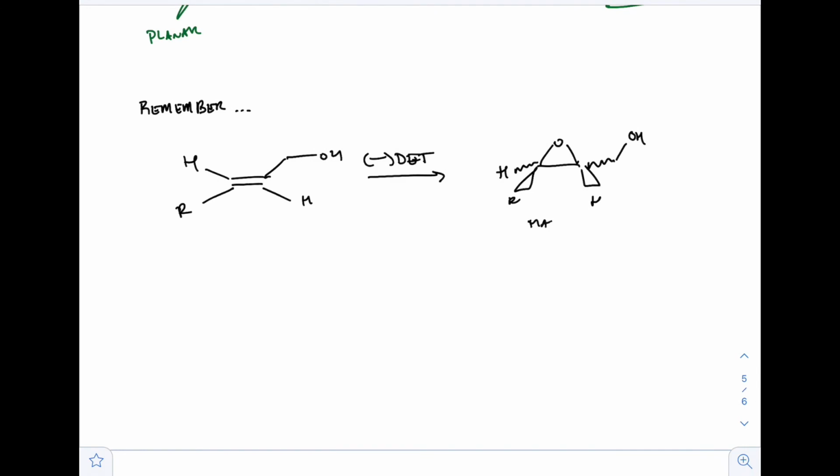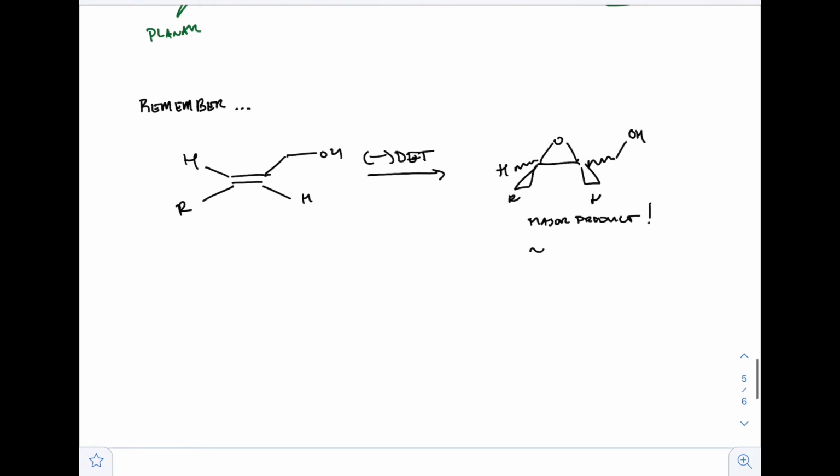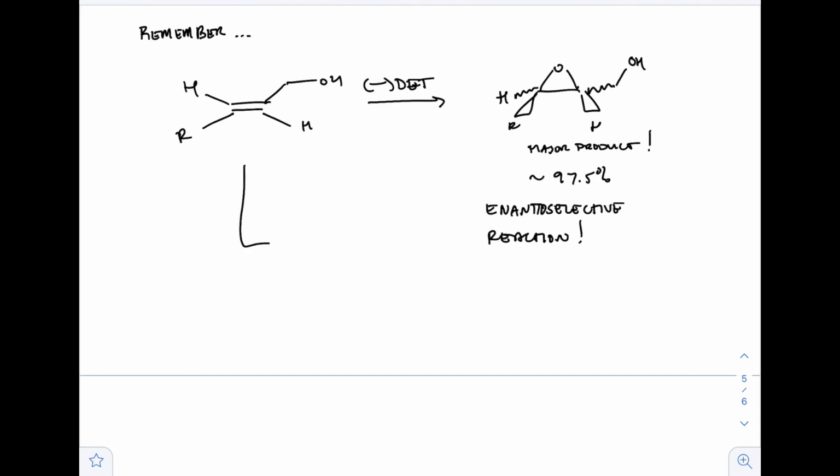It forms the epoxide as a single major product, right? One enantiomer over the other, and it just really depended on if you had the minus DET or the positive DET. In this case, it was like a 97.5% enantiomeric excess. So this was deemed an enantioselective reaction, which is super awesome.